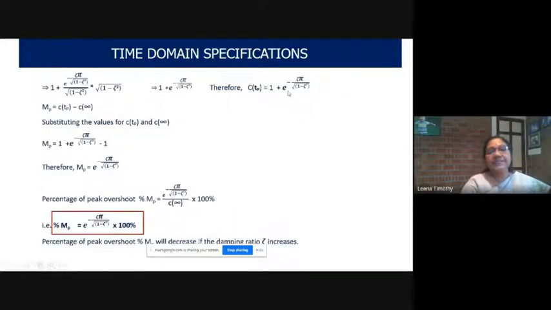Then you will get this. So Mp is equal to this term minus 1, C(Tp) minus C infinite. So this is the final expression; remember it by heart. Percentage Mp is equal to e raised to minus theta pi by root of 1 minus theta square into 100. And from this expression, percentage peak overshoot, percentage Mp, will decrease if the damping ratio theta increases.